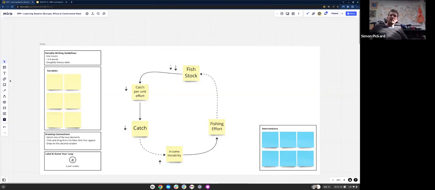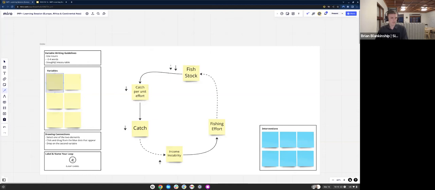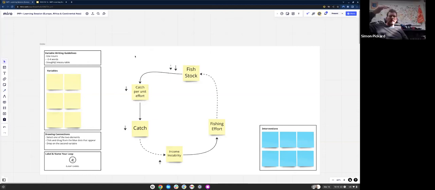Brian, can I ask a question? Please. When Joe talked about the reinforcing loop and the balancing loop, if this was the model, and obviously it's a zillion times more complicated than this, is what you're trying to do basically convert a reinforcing loop into a balancing loop?